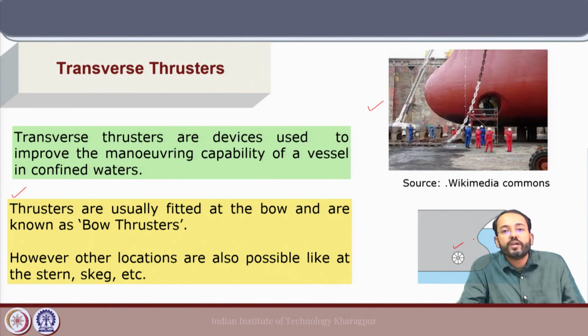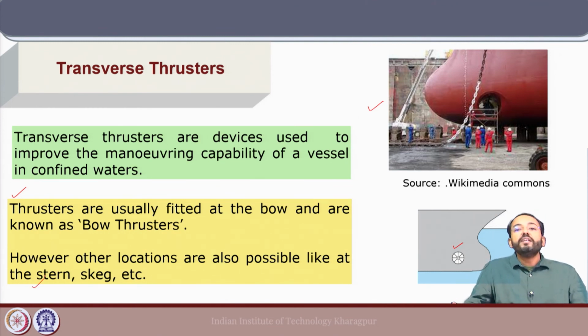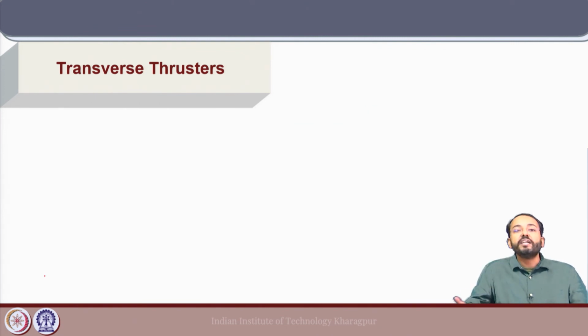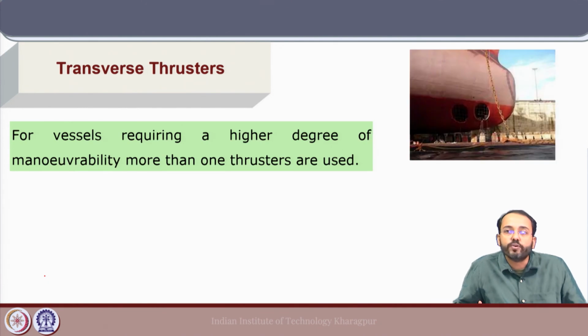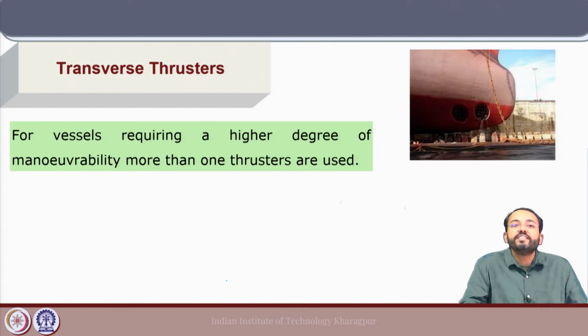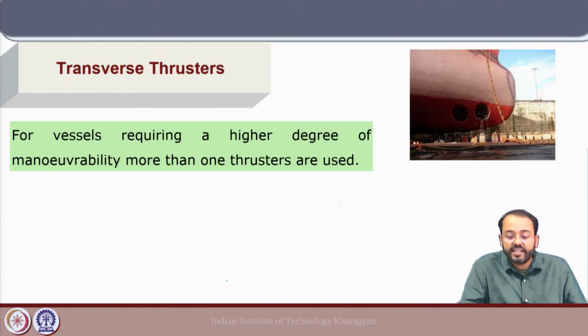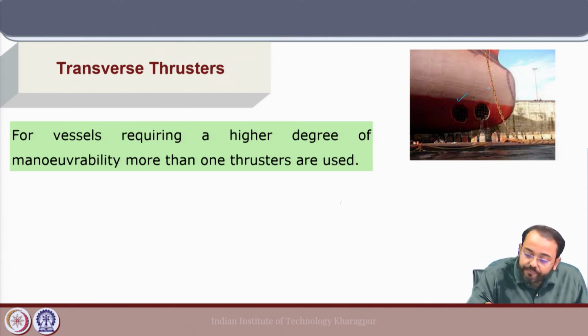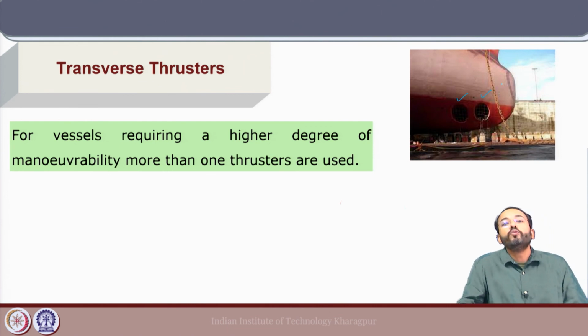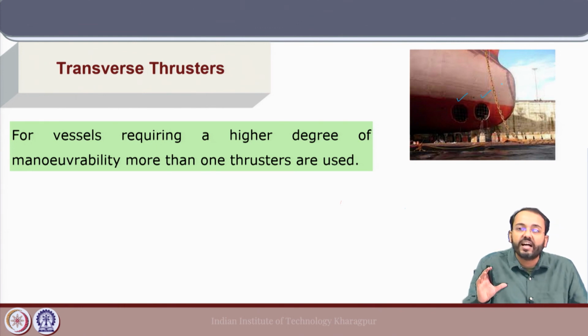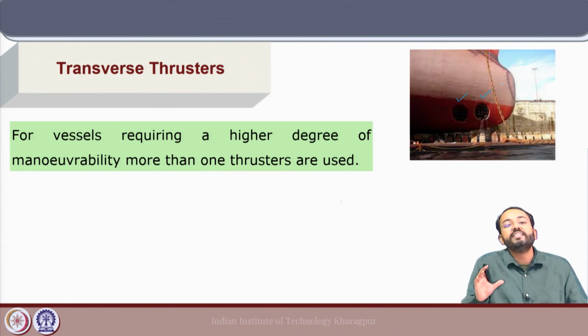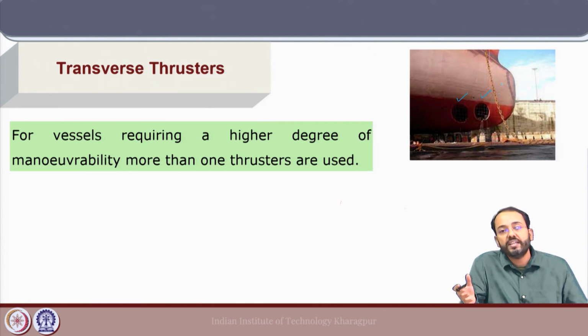However, other locations are also possible, like at the stern or skeg. Also, multiple thruster configurations may be used, both at the forward as well as the stern, or multiple at the forward as shown here. For vessels which require a high degree of maneuverability, as shown in this figure, there are two bow thrusters, and two tunnels are created in the design of the ship near the bow, such that a thruster can be housed in each of them.